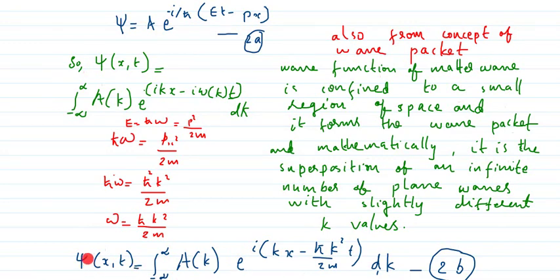So now we have these two equations. In order to obtain the Schrodinger equation, we are going to differentiate either of these equations, either 2a or 2b.